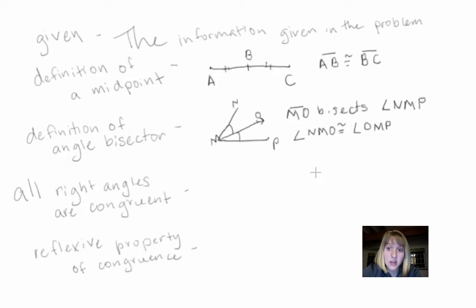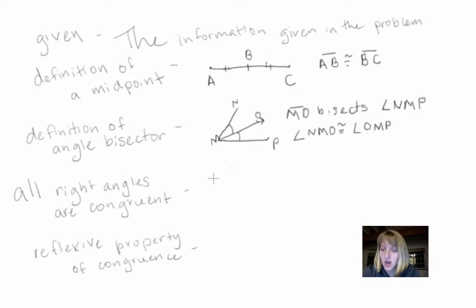So a step you can take in your problem is, given MO bisects angle NMP, then the next step you can say is angle NMO is congruent to angle OMP because of the definition of angle bisector.